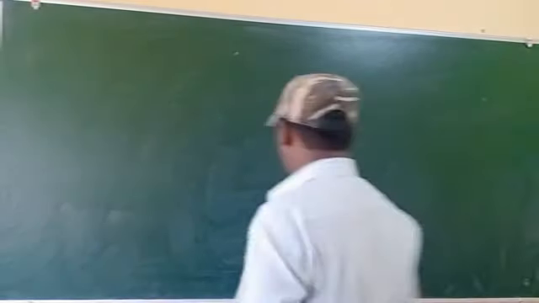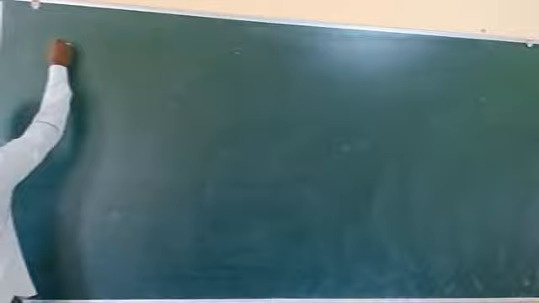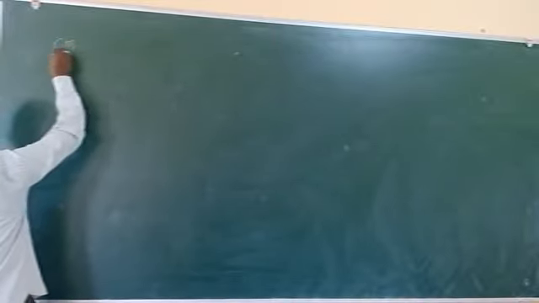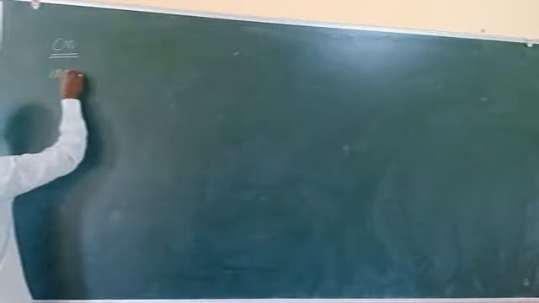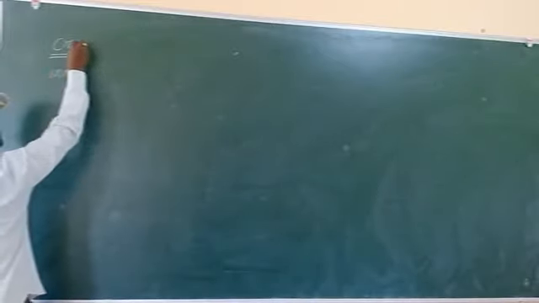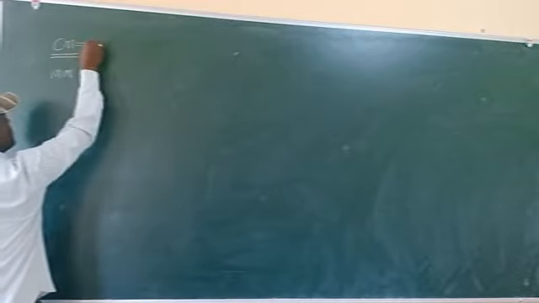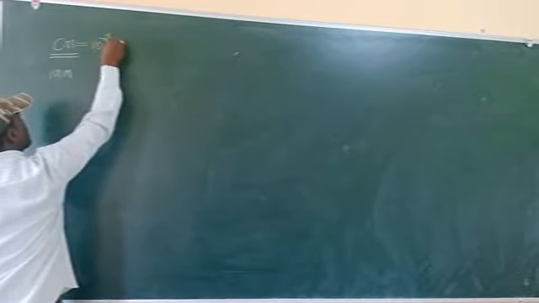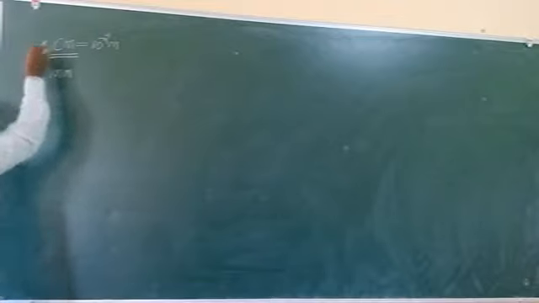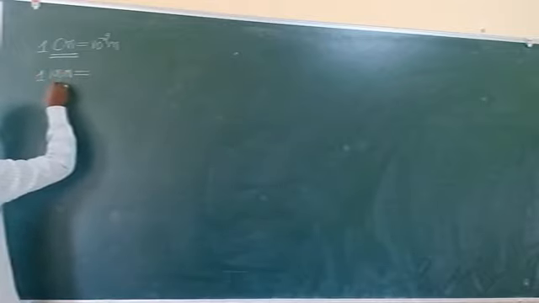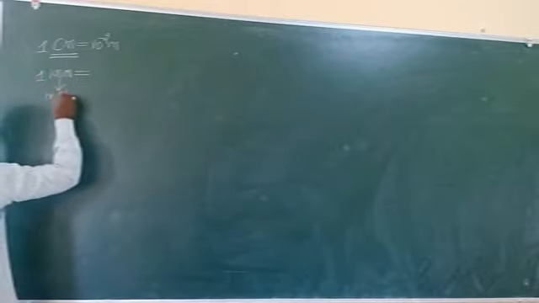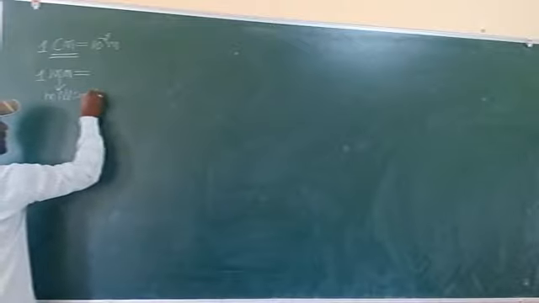After meter, centimeter is another unit. 1 centimeter is equal to 10 to the power of minus 2 meter. Next comes millimeter.